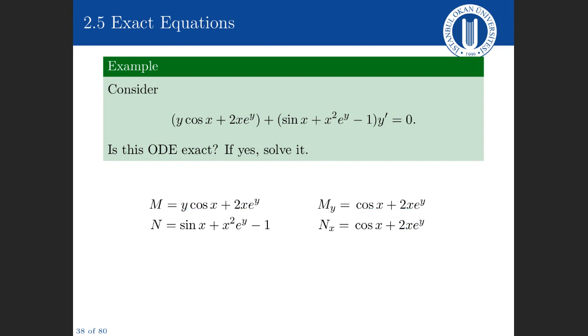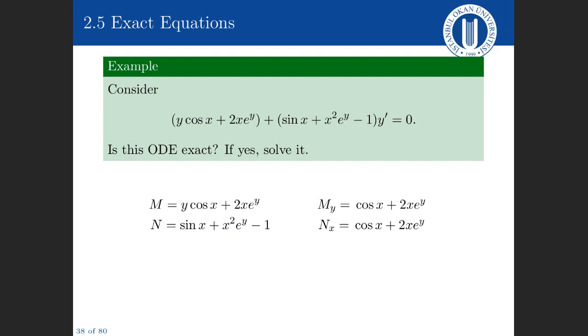And differentiate N with respect to x. The derivative of sine x is cos x. The derivative of x squared is 2x. E to the power y, we'll just pretend this is a number, keep this the same. And the derivative of minus 1, of course, is just 0.